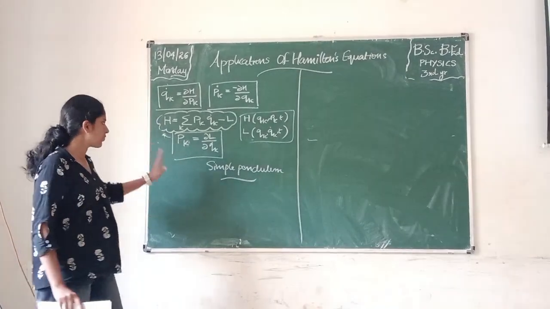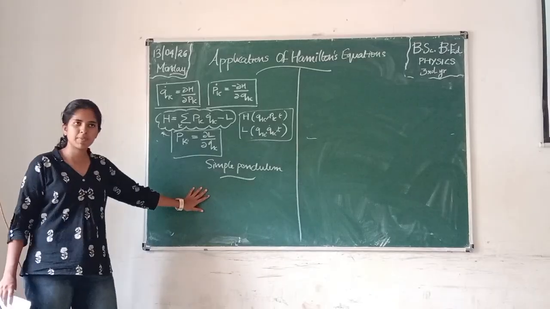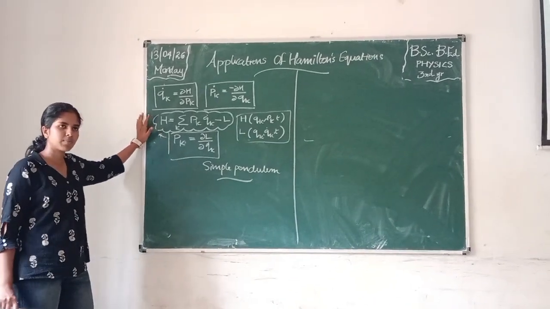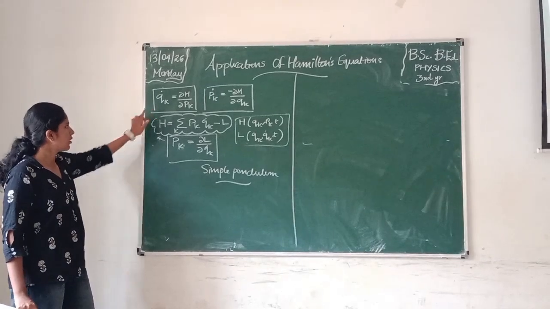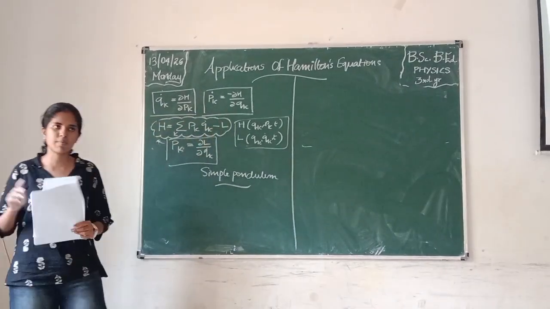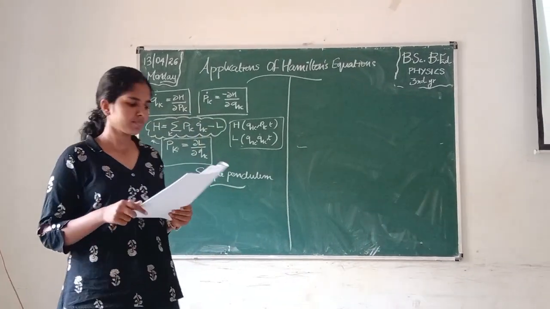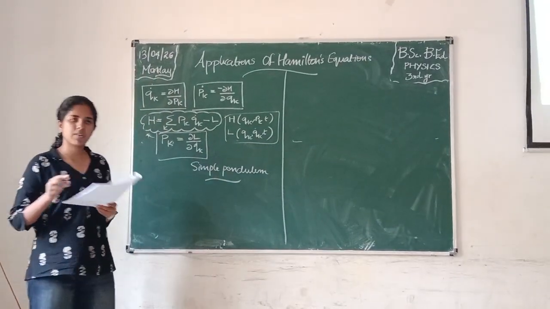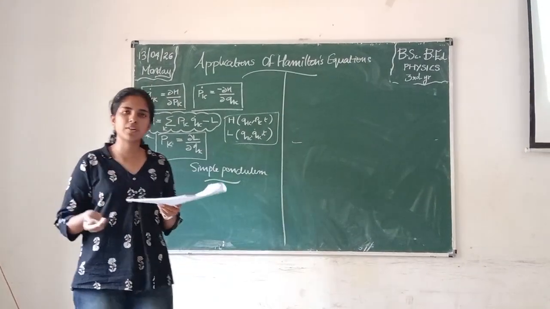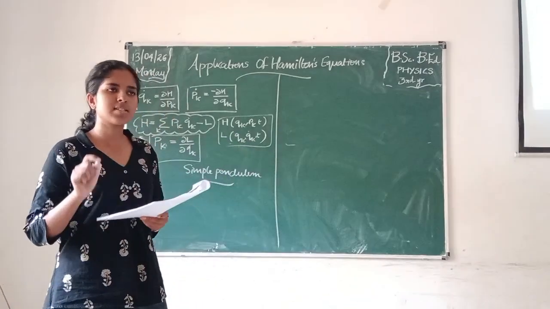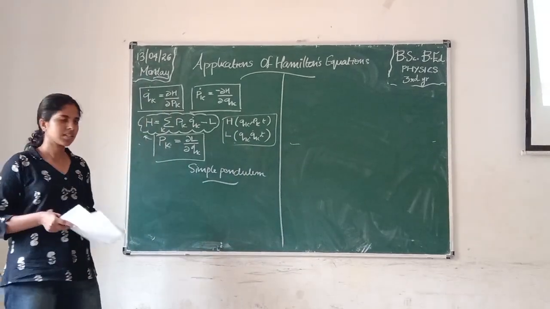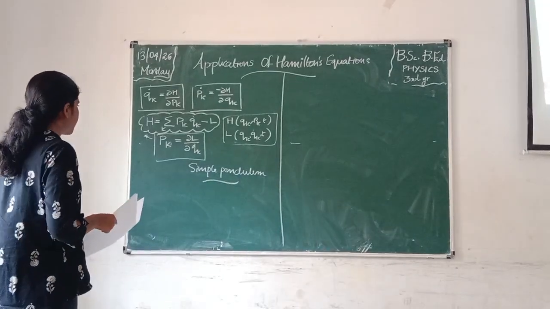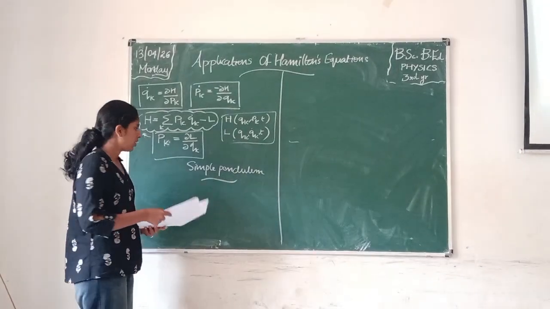So the general steps are: first find the Lagrangian, then find p, then by substituting find H, and after that we find these two Hamilton's equations. For the simple pendulum, we write the Hamiltonian and derive its equation of motion using the Hamiltonian equations. So we will be moving into the simple pendulum.